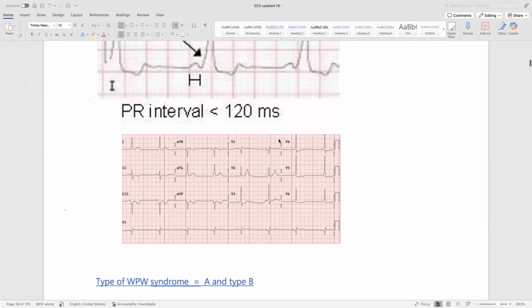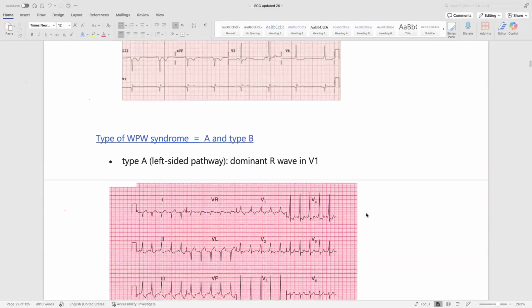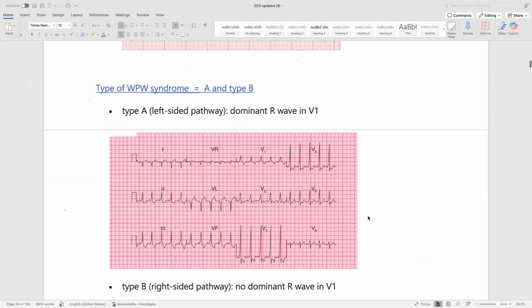Delta wave, you can see it in other leads. Type A and type B for WPW is not important. It's important for MRCP and for cardiologists, so we will not waste time on it.